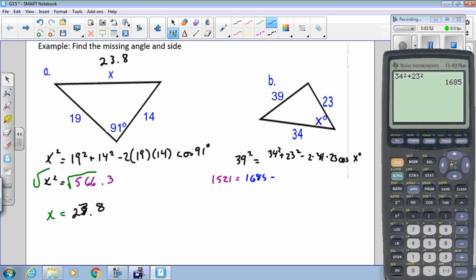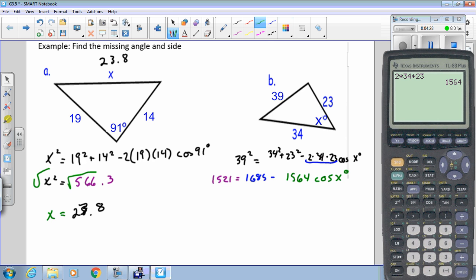Minus, and then here's your coefficient for your cosine x. So 2 times 34 times 23 equals 1564, that's an important number, 1564 cosine x.